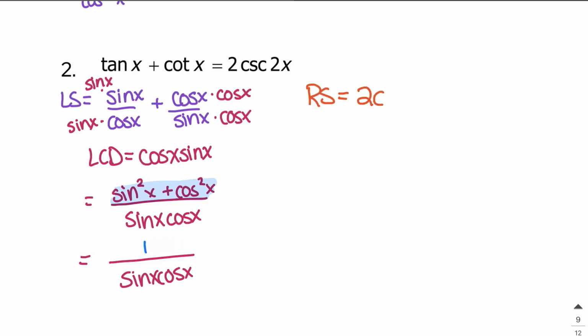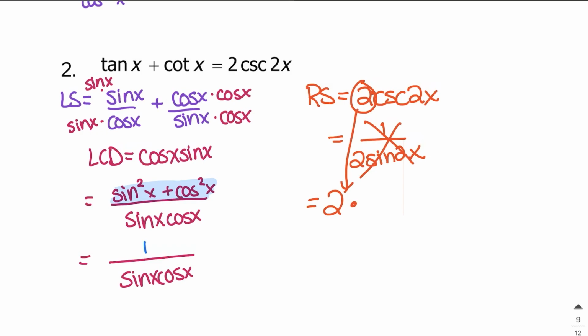So the right side says 2 cosecant of 2x, and cosecant means it's the reciprocal of sine. Now, a common mistake that people will make here is they will want to write 1 over 2 sine 2x, but this is wrong, because this is 2 times 1 over sine 2x, or in other words, it's just 2 over sine 2x.